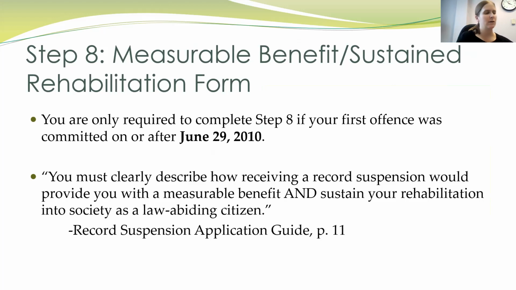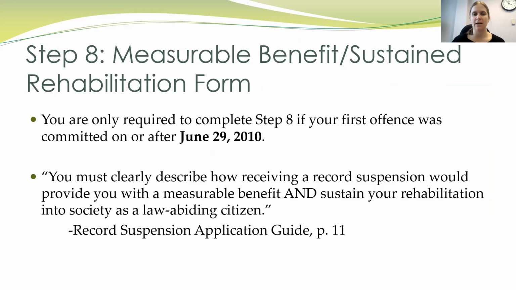This is the first question on section B of the form. A measurable benefit basically means how would a record suspension improve your life? And sustained rehabilitation means how would a record suspension help you contribute to society and continue being someone who follows the law.